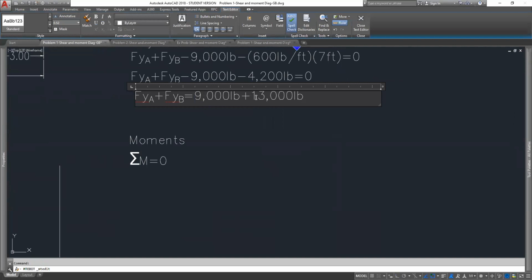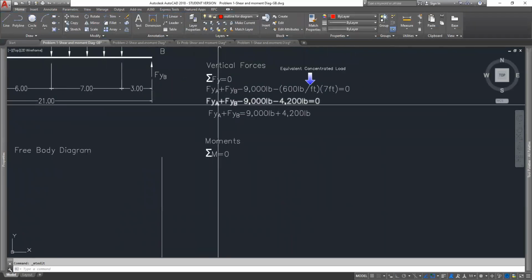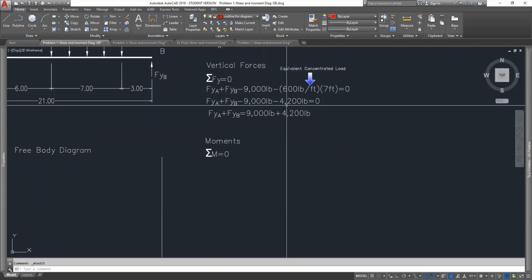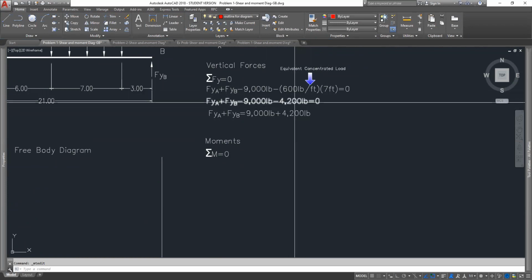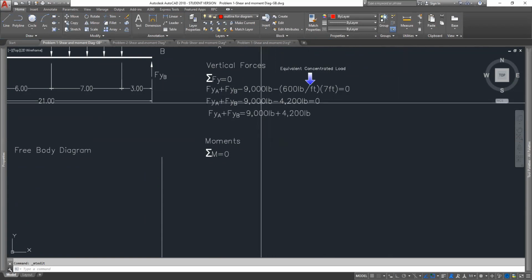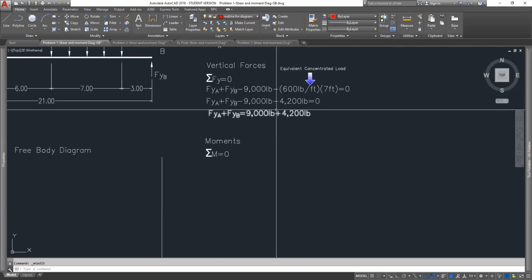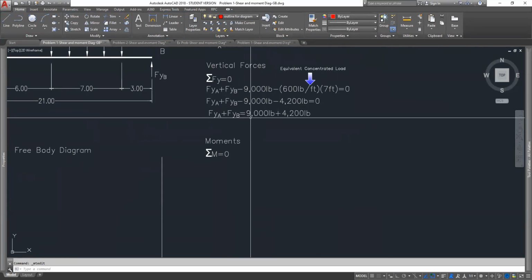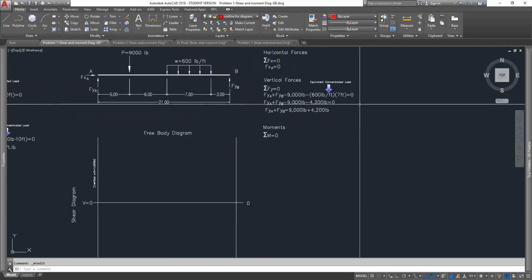Now everyone knows how we did that, right? All right, so we had FYA plus FYB minus 9,000 minus 4,200 is equal to 0. We wanted to take these guys and move them to this side of the equation. So we added a positive 4,200 to both sides and a positive 9,000 to both sides. So what ended up happening is these canceled out, and we were left with FYA plus FYB is equal to 9,000 pounds plus 4,200 pounds.